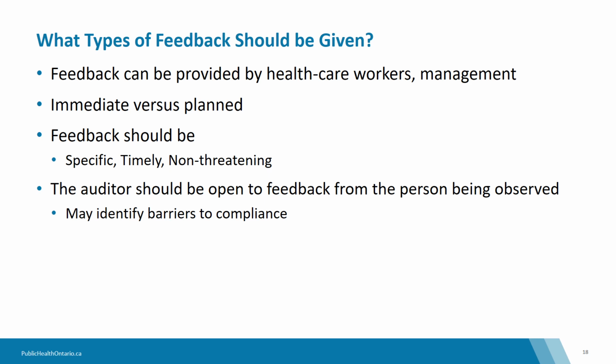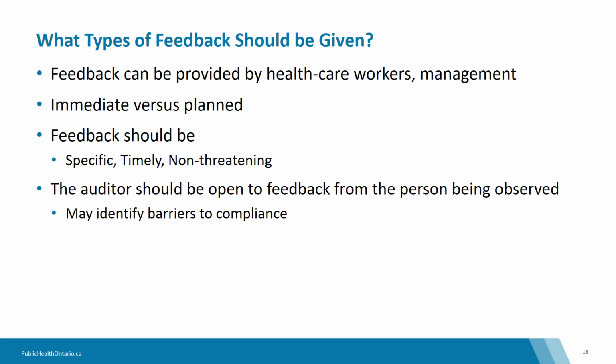Auditing information that is collected can be provided as immediate feedback or planned feedback. Immediate feedback is given at the time of the occurrence and can be given by anyone, including observers, managers, supervisors, or peers. This may be offered verbally or an on-the-spot feedback card that provides information on both hits and misses to provide both positive encouragement or areas for improvement.